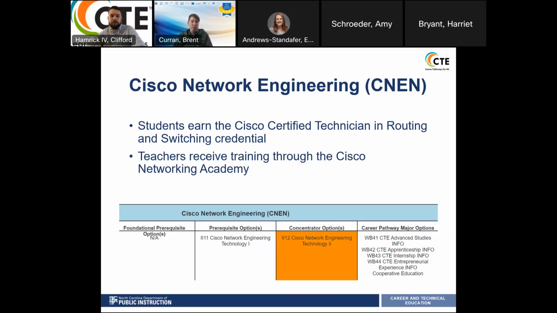Teachers can receive training through the Cisco Networking Academy, which is based here at Stanley Community College. This is for any student who wants to go into networking, anything related to the internet. A lot of good opportunities for this. This is the Cisco branded pathway for networking. There is another networking pathway, and we'll talk about that a little later.